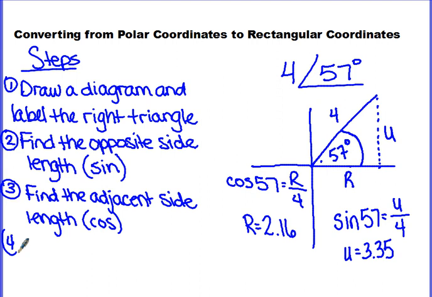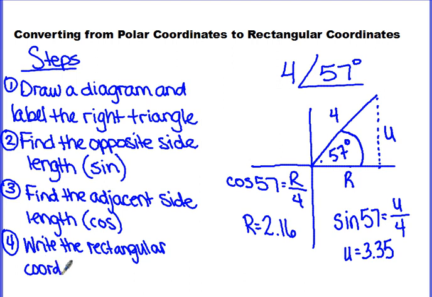The last step is to write the rectangular coordinate. Remember, rectangular coordinates are written as ordered pairs. Remember, in our ordered pair, normally x would come first, y would follow. In this case, r is going to come first, u will follow. It's in alphabetical order.